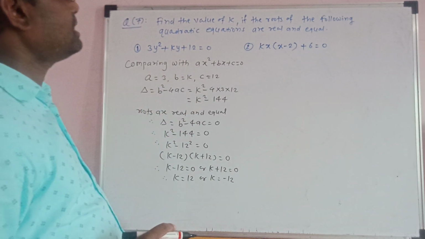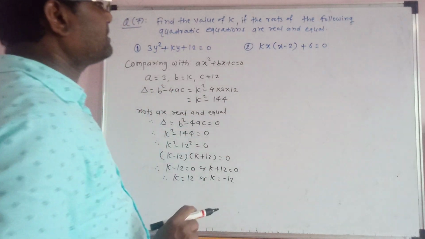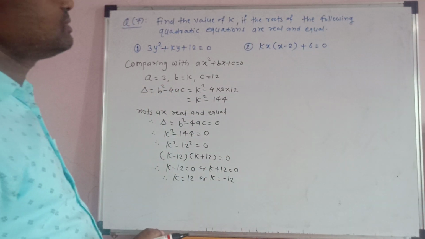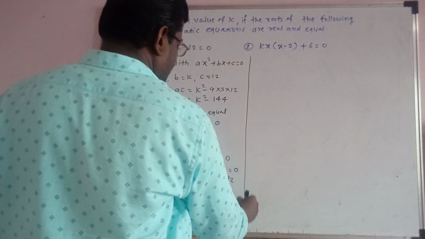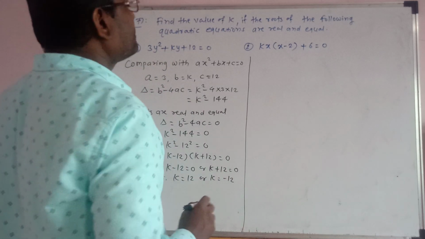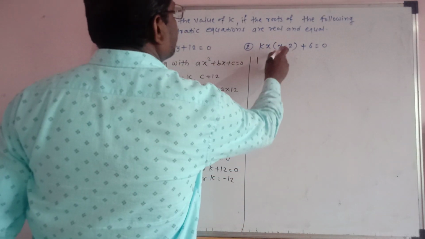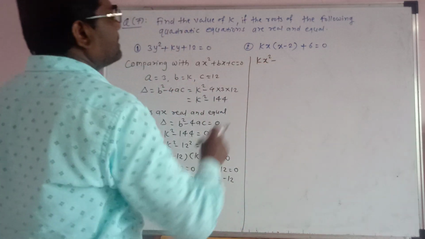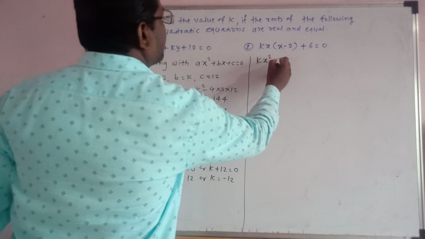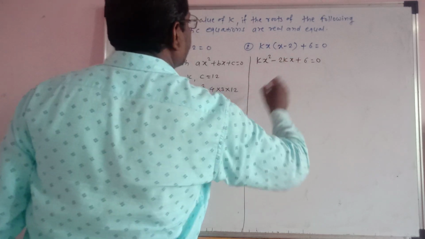Now let us solve example number 2, and that example is kx in bracket x minus 2 plus 6 is equal to 0. Let us write this equation in its standard form. So multiply kx in bracket, therefore we get kx into x, that is kx square, minus kx into 2, that is 2kx plus 6 is equal to 0.